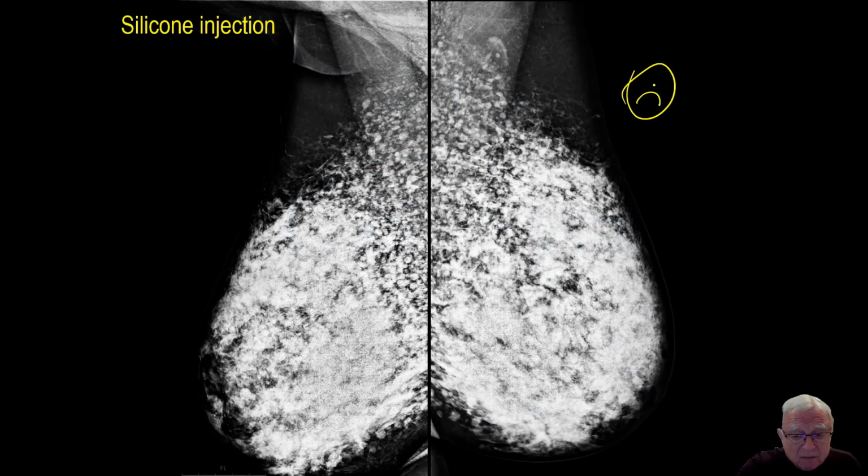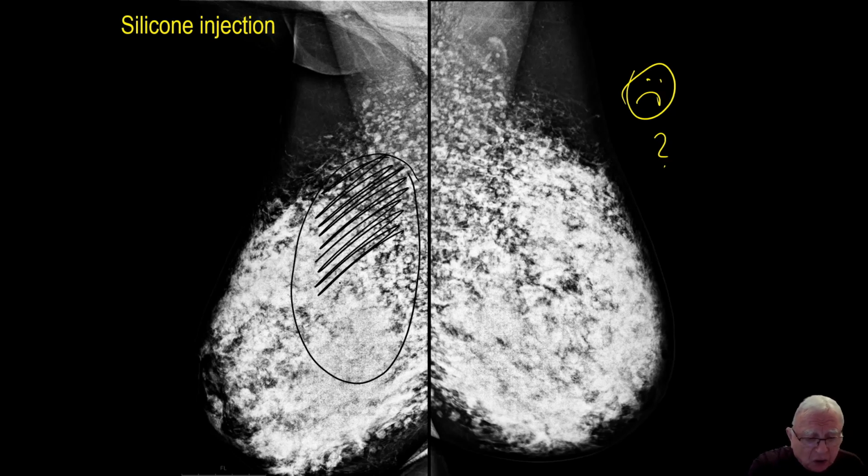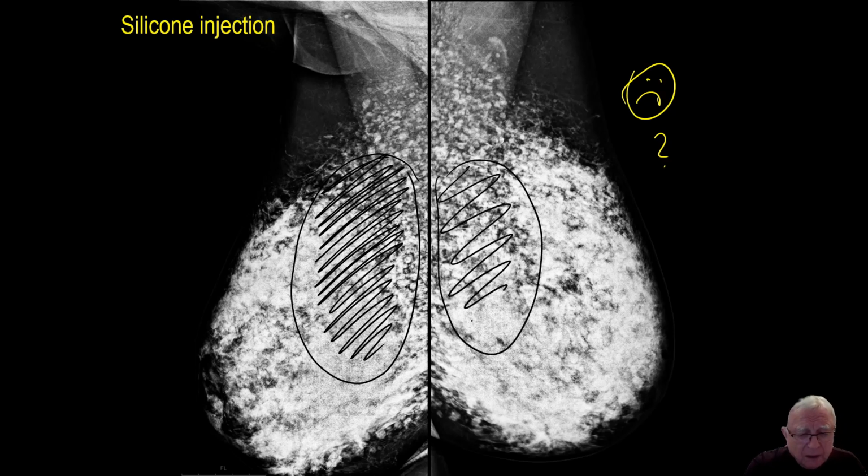Excuse me? First of all, why do you want to have a bigger breast? Why don't you go to a physician who puts in a submuscular silicone implant? You go to a so-called physician or witch doctor who just grabs the breast and injects silicone a thousand times.